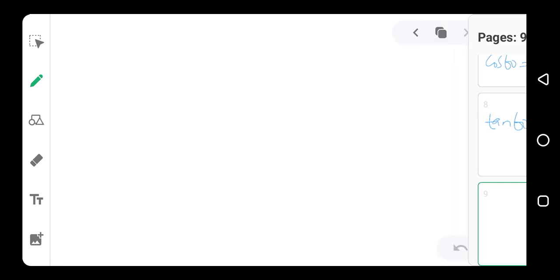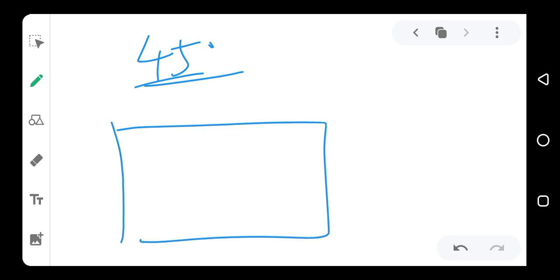Now let's look at angle 45 degrees. For angle 45 degrees, let us assume that we have this, where all the sides are equilateral.